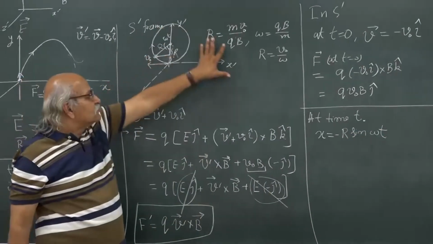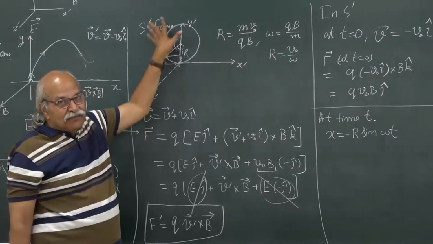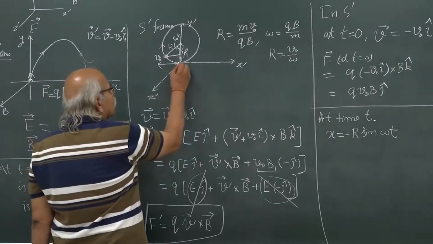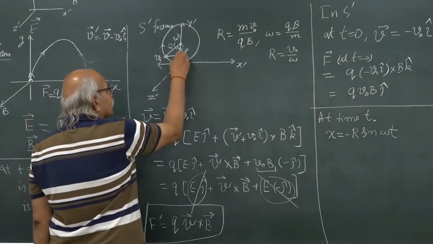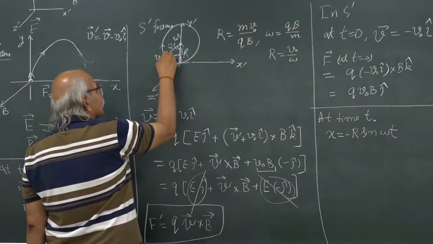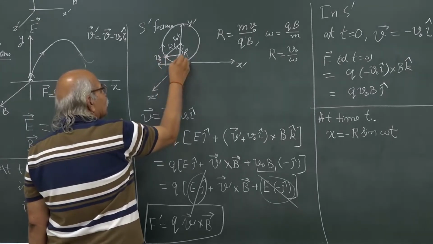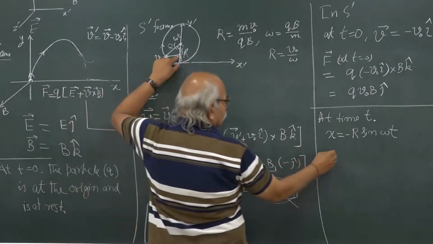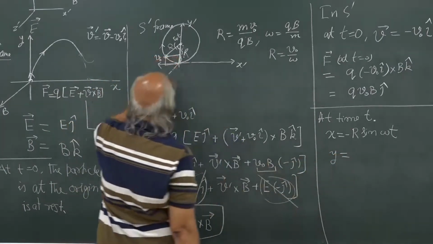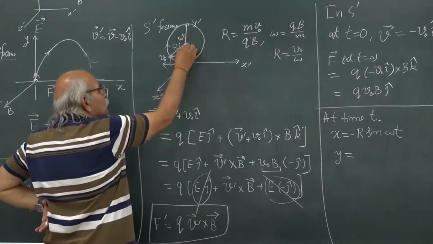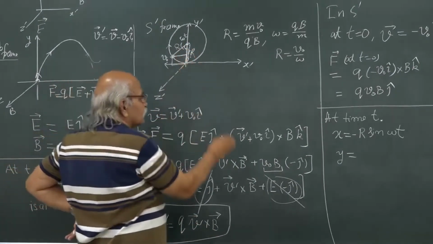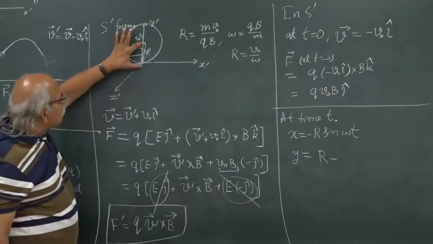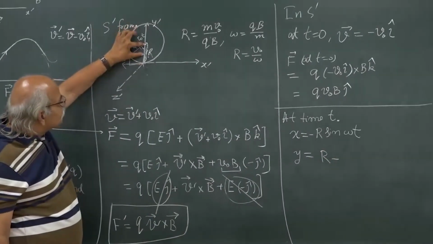This is the x prime y prime plane. In this plane you have the circle. Okay, what is the y coordinate? This is the x coordinate and this is the y coordinate. How much is this y coordinate? y is equal to this total R minus this much.